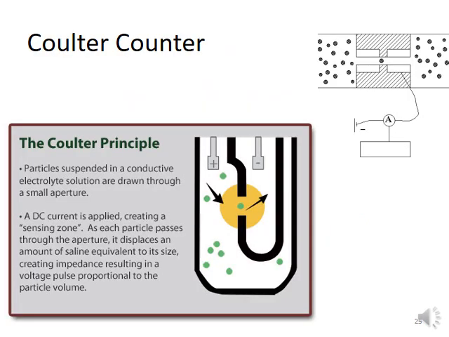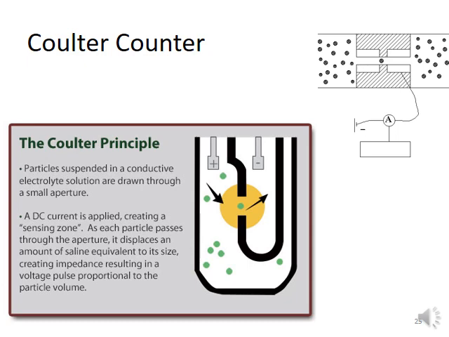This figure explains how the Coulter counter works. As you can see, when the particle passes, there is a resistance, and the instrument measures the resistance, and the resistance is related to the particle size. Particles are suspended in a conductive electrolyte solution.